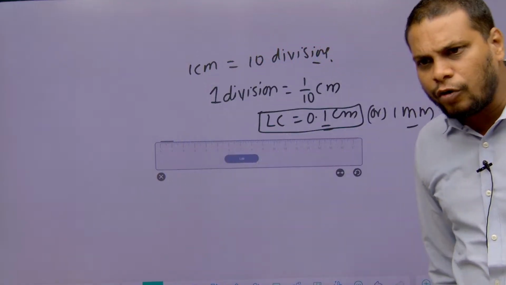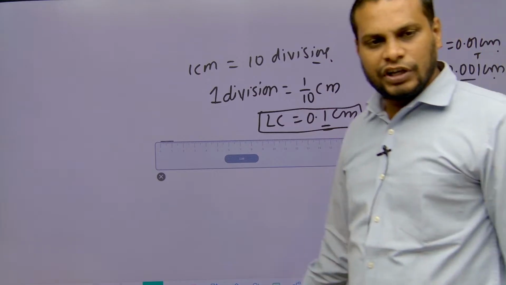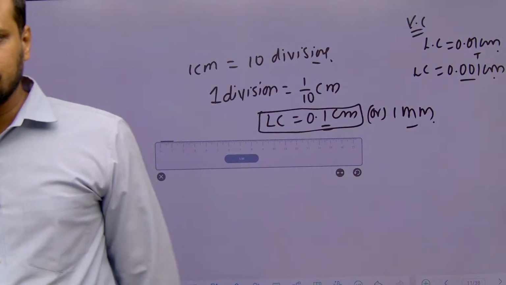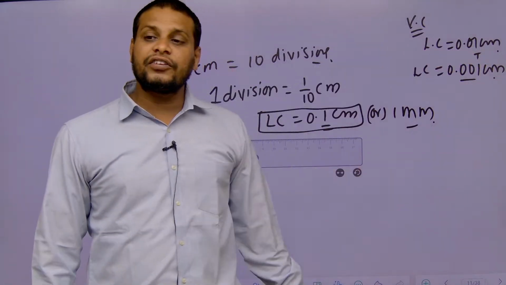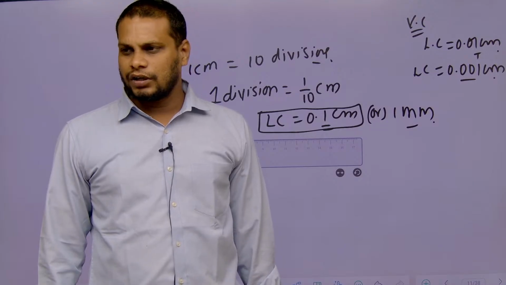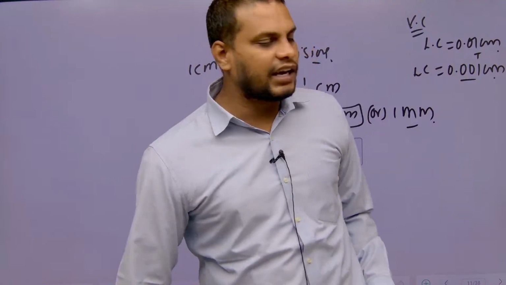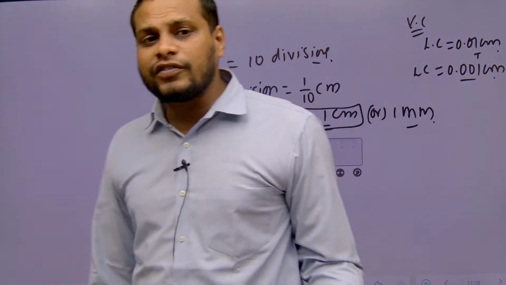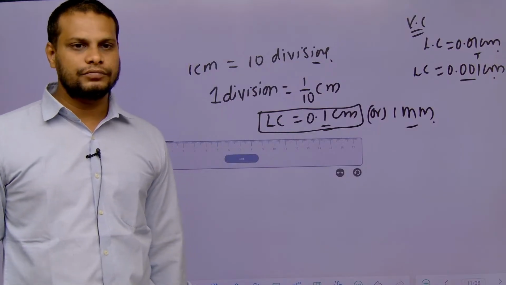If you use a spherometer or a screw gauge, then the least count will be 0.001 centimeter. Here one more decimal has increased. Are you clear? If more decimal digits are there, then the sensitivity of the device is much more. Then it will give a much more precise value.